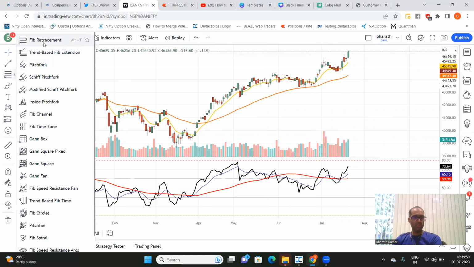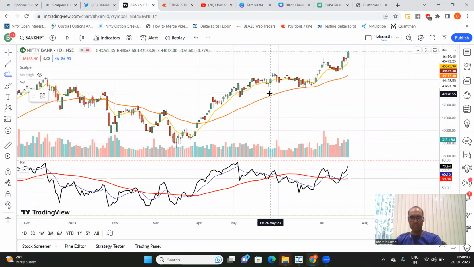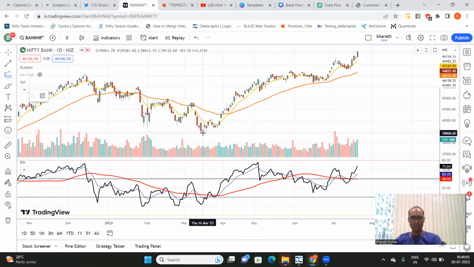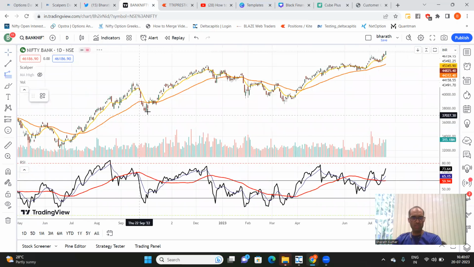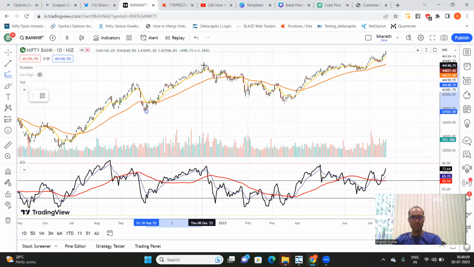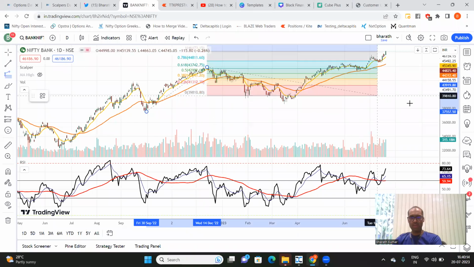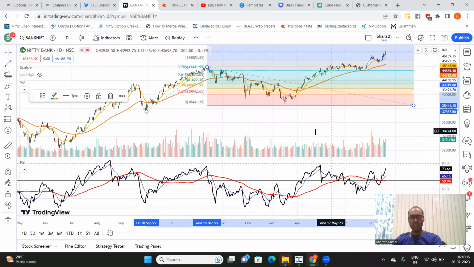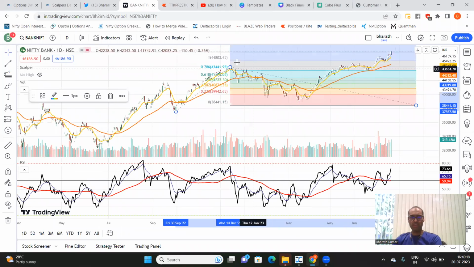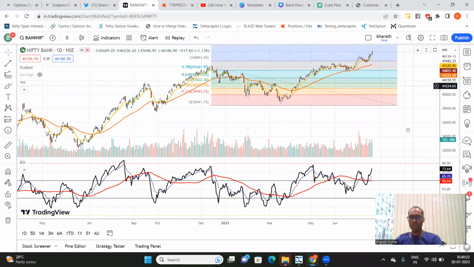I take trend-based Fibonacci extensions. Basically, where was the move? If I say this was a swing, from this to this was a swing, and if you put it here, the first target was 45,800. It touched, I think, 1:1 target.